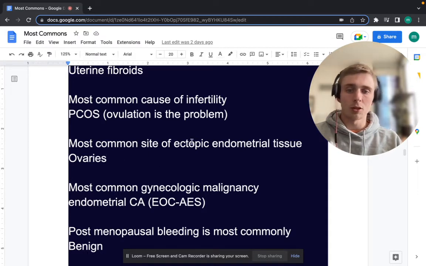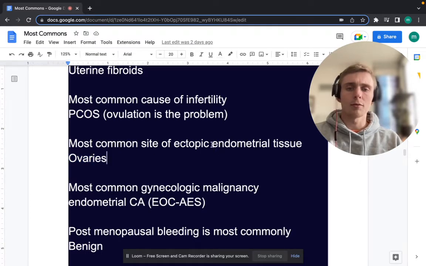That could be a potential cause of ectopic endometrial tissue getting over there. When the endometrial tissue goes over there, it creates neovascularization, its own blood supply, and grows on there. Then we get those chocolate cysts later, which are basically just oxidized blood. So ovaries are the most common site of ectopic endometrial tissue.